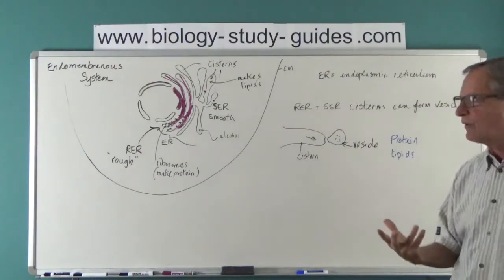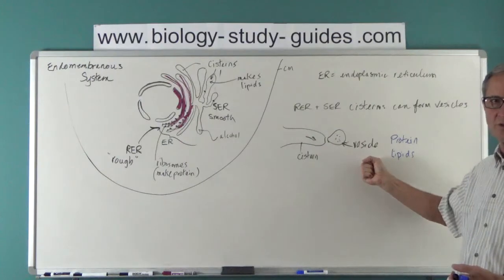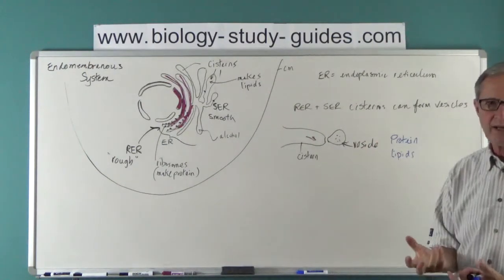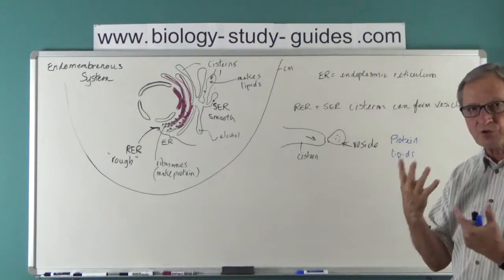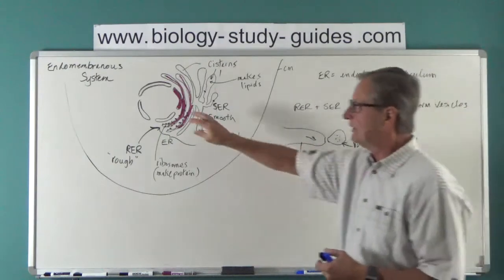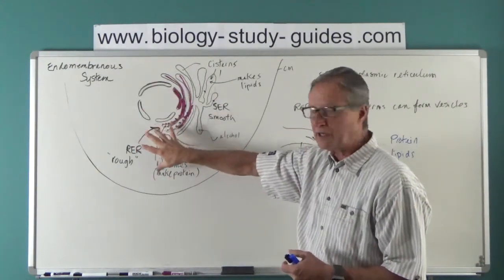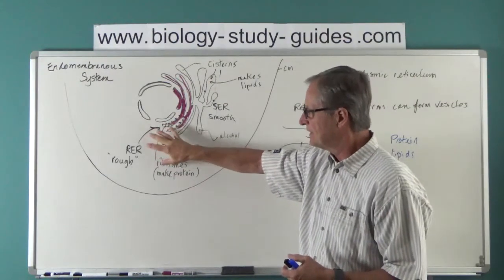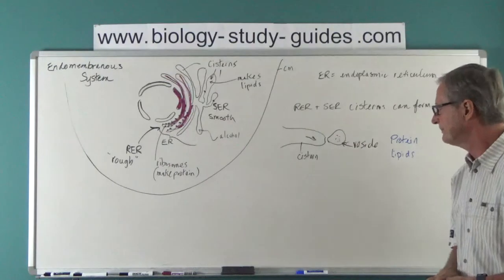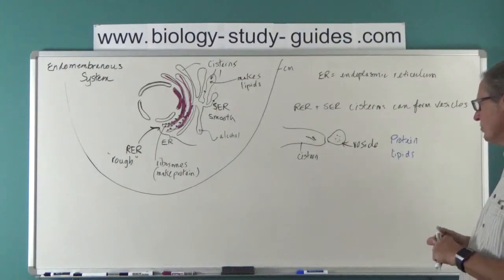We have carbohydrates. Cells are not going to put carbohydrates into vesicles. Carbohydrates, once they're down at the cellular level, are used for generating energy. And the fourth one is the nucleic acids. They're not going to make vesicles of nucleic acids either. The nucleic acid is going to be in here, or it'll be out as RNA in the manufacturing of proteins. So vesicles can contain either proteins or lipids.